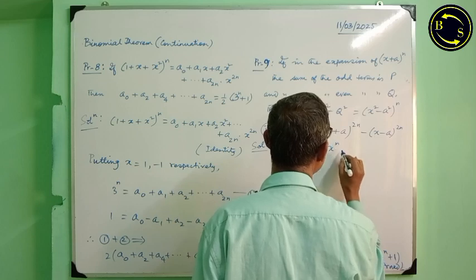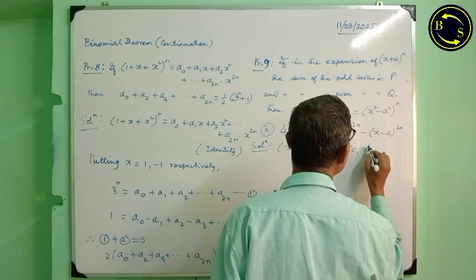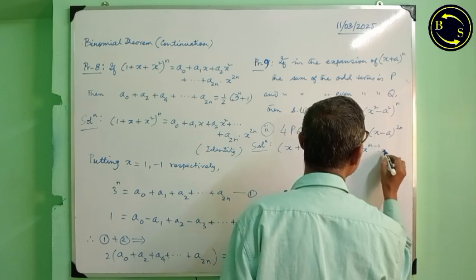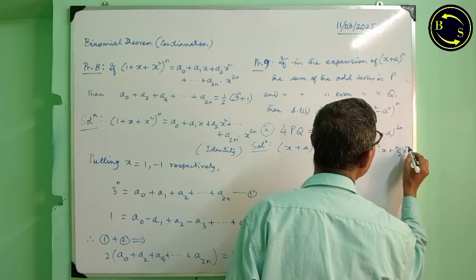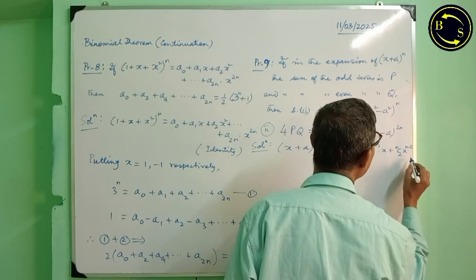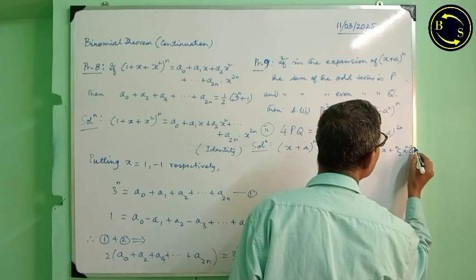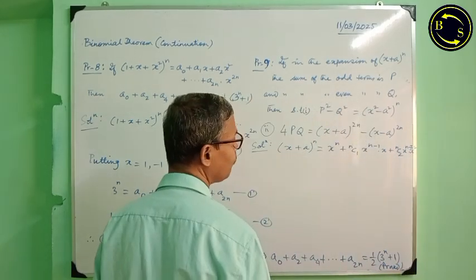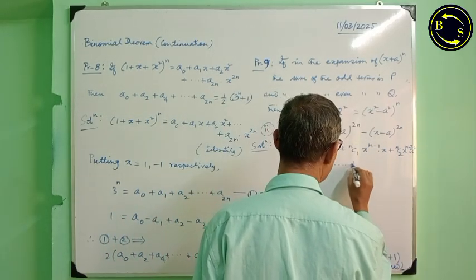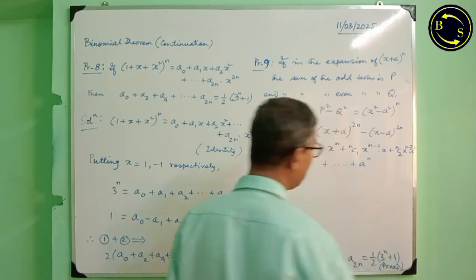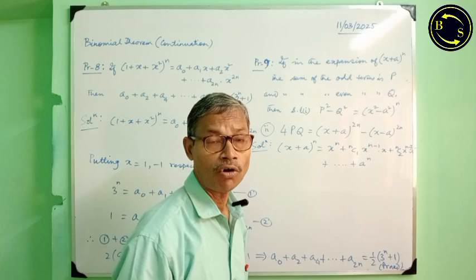X to the power n plus nc1 into x square plus dot dot dot plus a to the power n. We don't know whether n is even or odd.